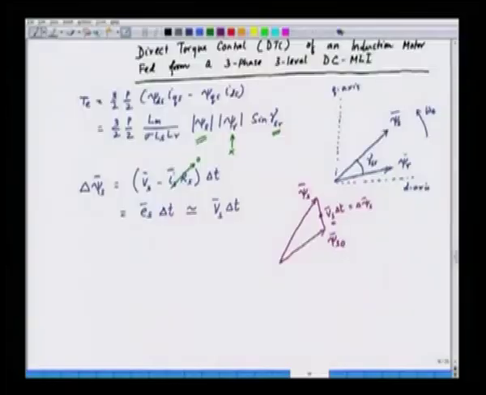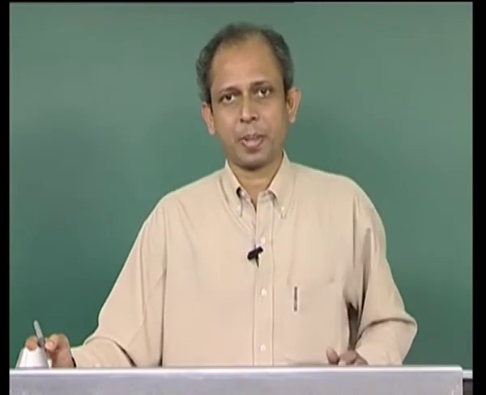So, we have got 6 different sectors as we have already seen, and the sector information is obtained by tracking this psi s. We are basically controlling the stator flux. The stator flux vector can be in any one of the 6 sectors.